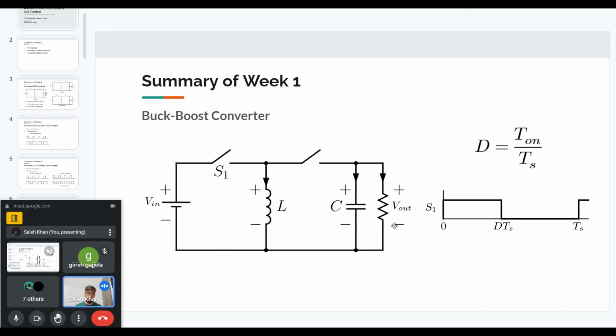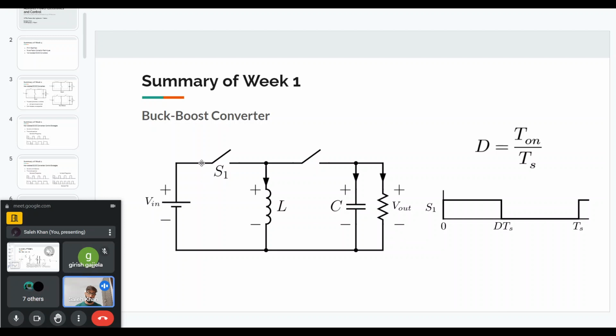Similarly, for the voltages as well, I've defined the positive convention of voltage. If the top terminal is at a higher potential than the bottom terminal, then I will take it as positive voltage. And if the top terminal is at a lower potential than the bottom terminal, then I will call it a negative voltage. So these are my conventions.